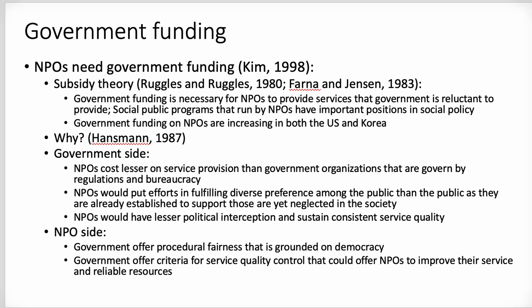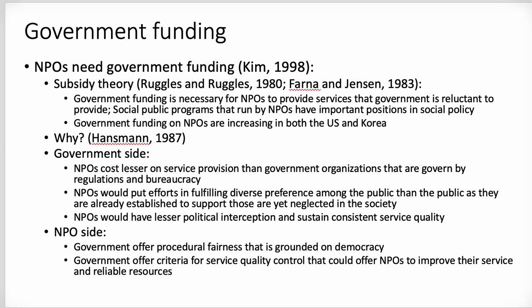For this reason, from the side of the government, NPOs cost less on service provision than government organizations that are governed by regulations and bureaucracy. Also, NPOs can fulfill diverse preferences among the public with their diverse backgrounds.